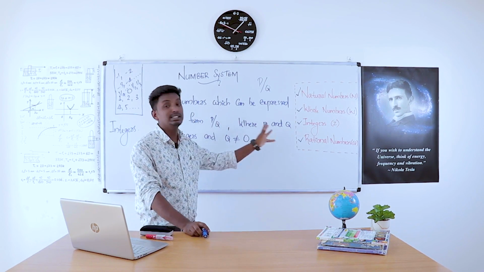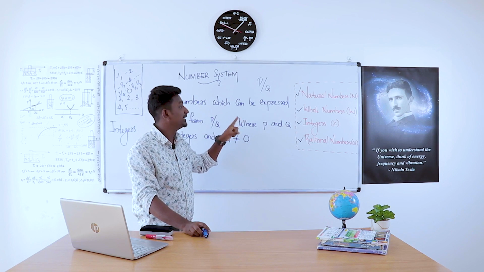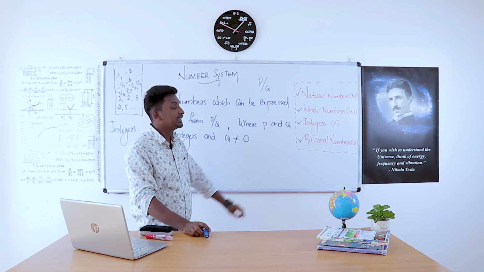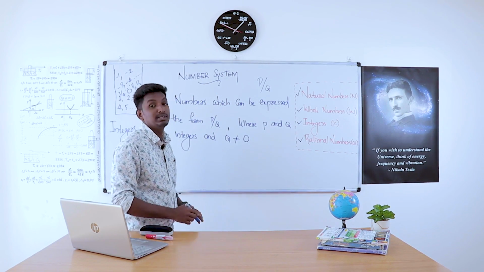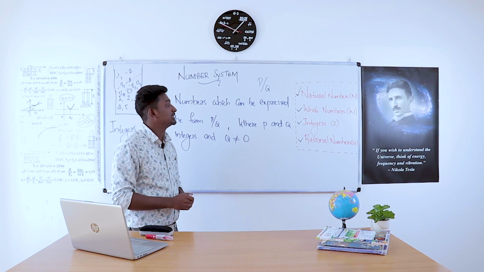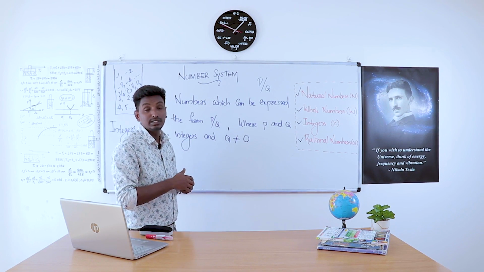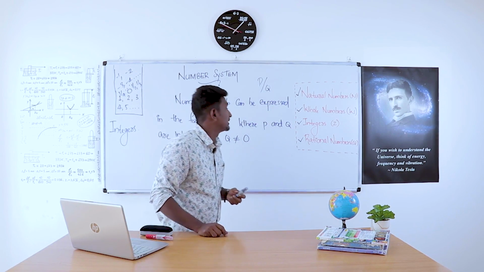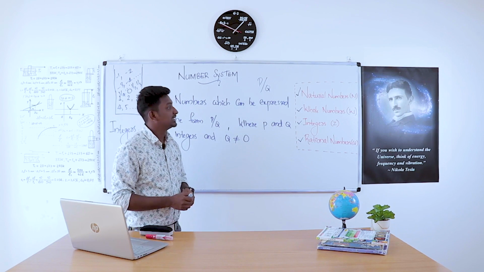That means the numbers in this number line can be expressed in the form of P by Q, that means in a fractional form. Then these numbers are called rational numbers. Clear? That's what is called rational numbers.